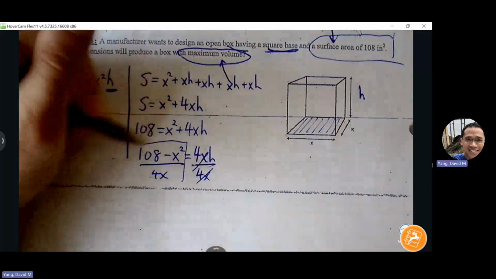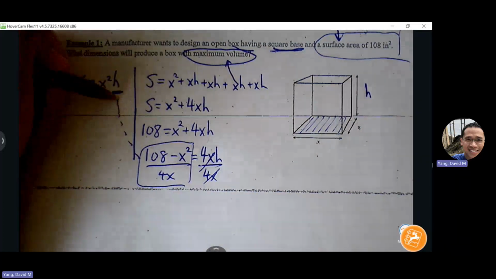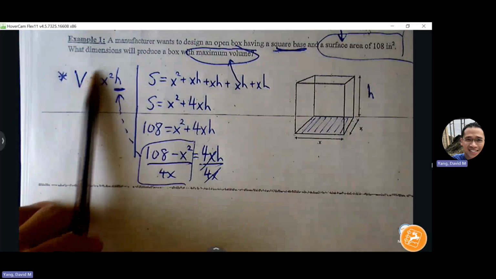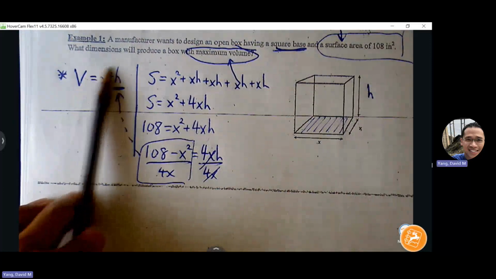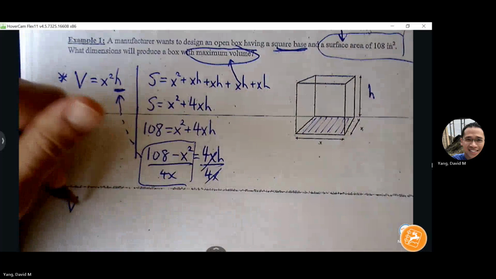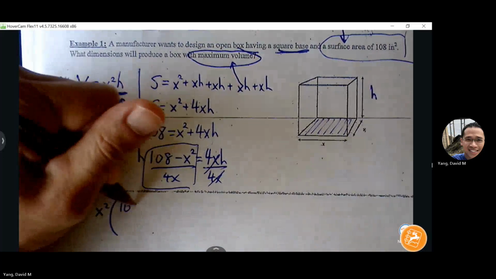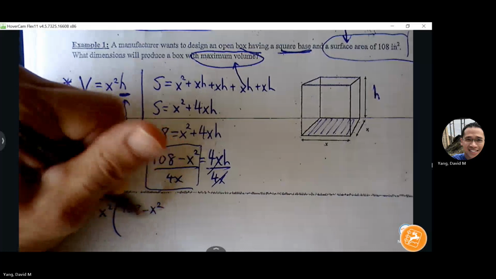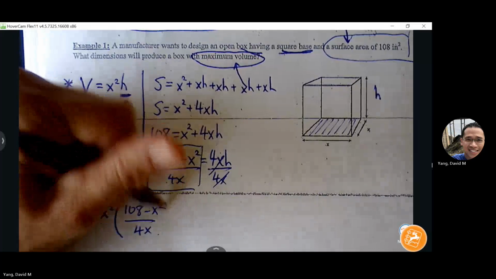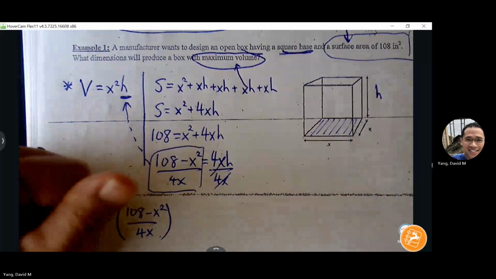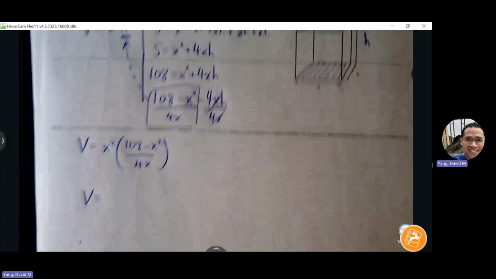So now we can take this and rewrite the volume equation so that it is purely in terms of X. Are we okay so far?